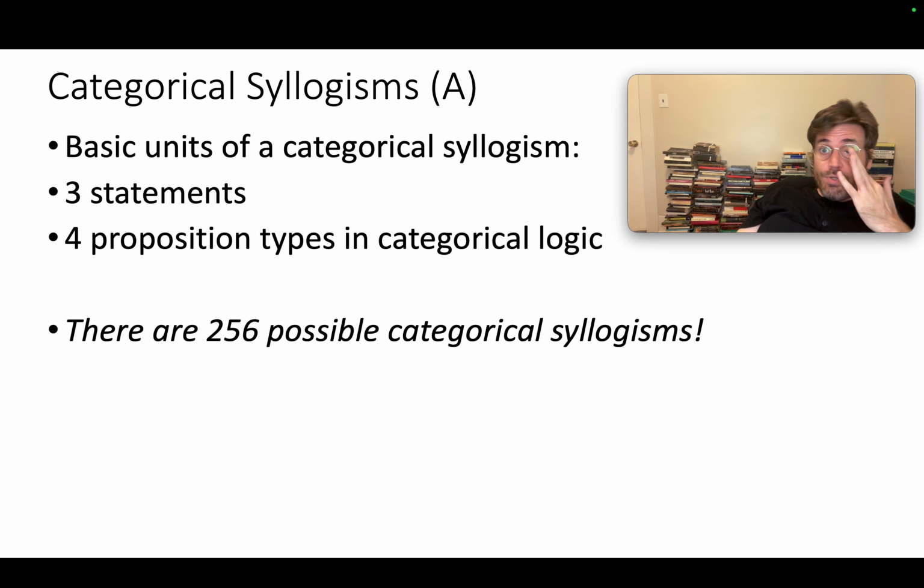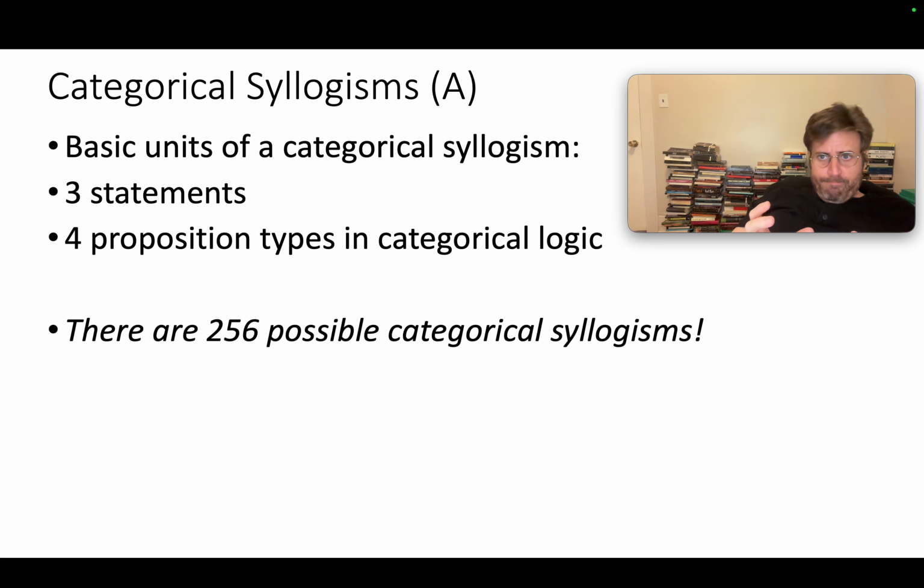So that's really a huge number of manifestations of a categorical syllogism. The good news is we have discovered some laws of validity that allow us in very quick ways to identify whether or not a given categorical syllogism is valid or not, simply based on the formal and structural properties of the propositions.